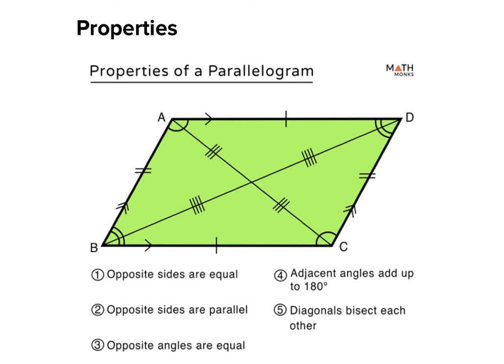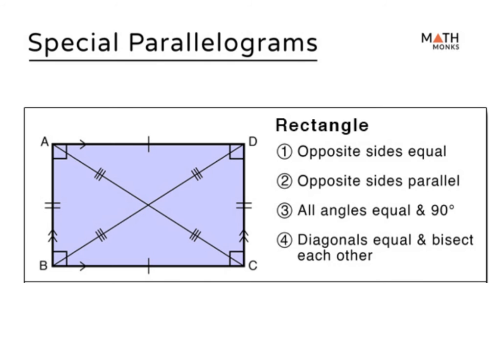They're going to give you angle measures, they're going to give you side length measures, and they're going to want you to come up with the others based on these properties, all right? If they say that it is a rectangle, you have some more information. Obviously, your opposite sides are equal, the opposite sides are parallel. You still have diagonals that bisect each other. You still have opposite angles that are congruent, except in a rectangle, all 4 angles are congruent. They're all 90.